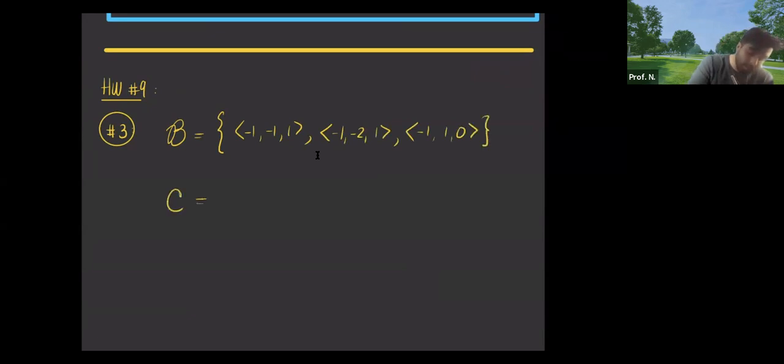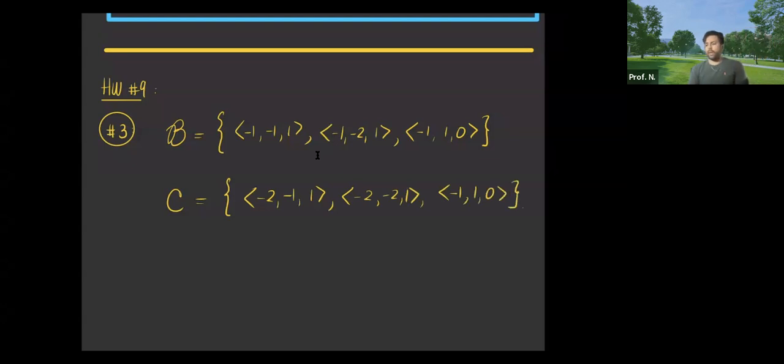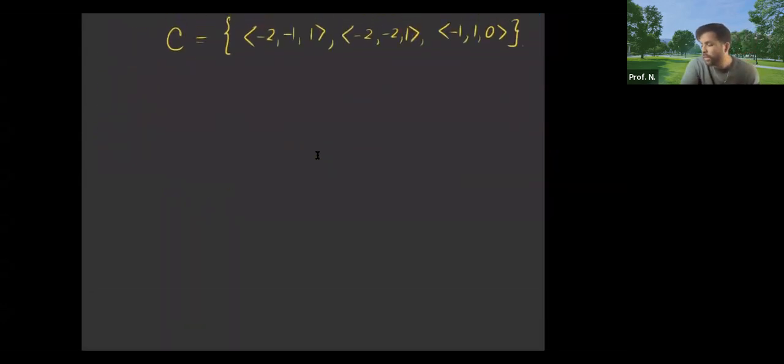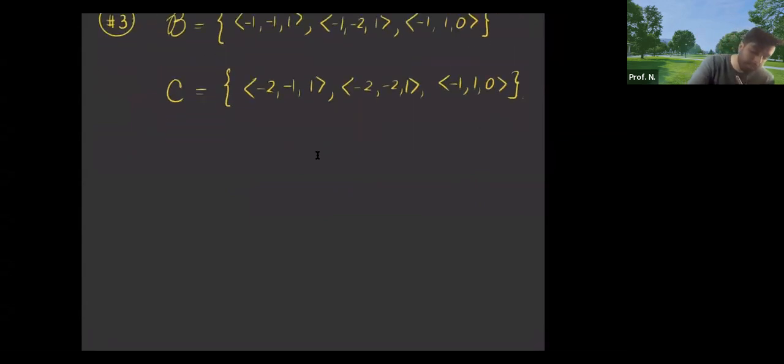Then we got C: -2, -1, 1, -2, -2, 1, -1, 1, 0. And the order matters. So we want to find the change of basis matrix from B to C. So I want to find the transition matrix from B to C.